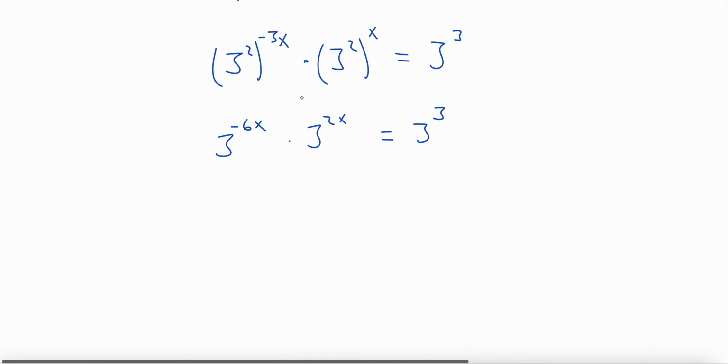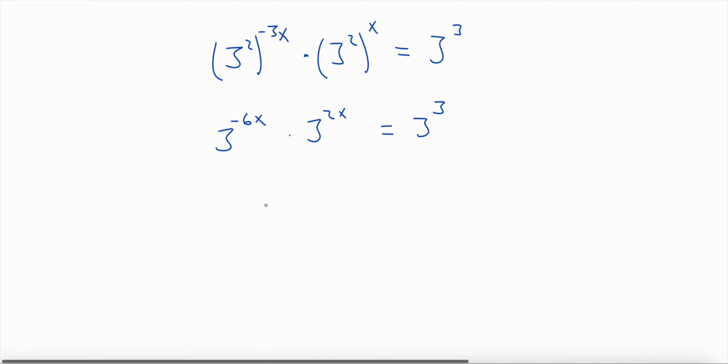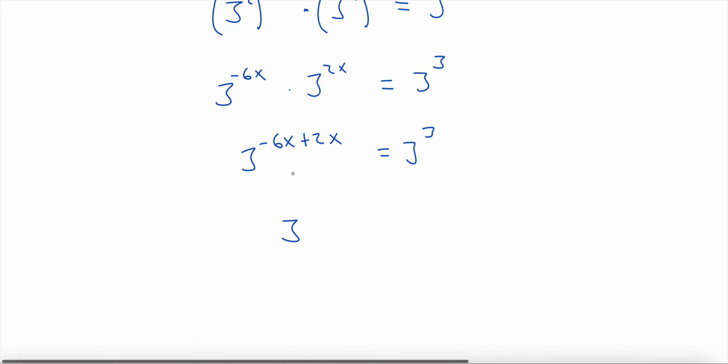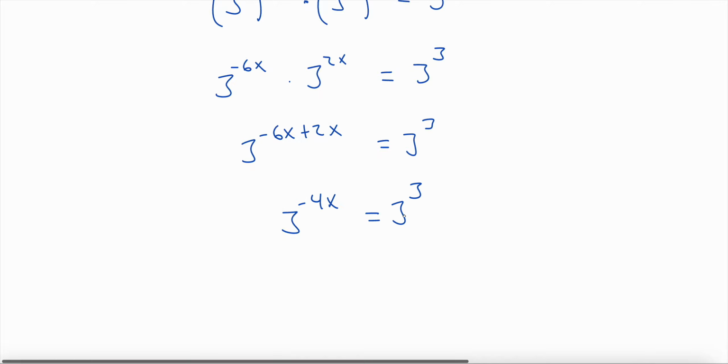And now we want to bring these two terms together, so we're going to multiply them together. And when we multiply two numbers with the same base, we're going to have to add the exponents. And so we have 3 to the negative 6x plus 2x equals 3 cubed. And that would be negative 6x plus 2x is negative 4x equals 3 cubed.